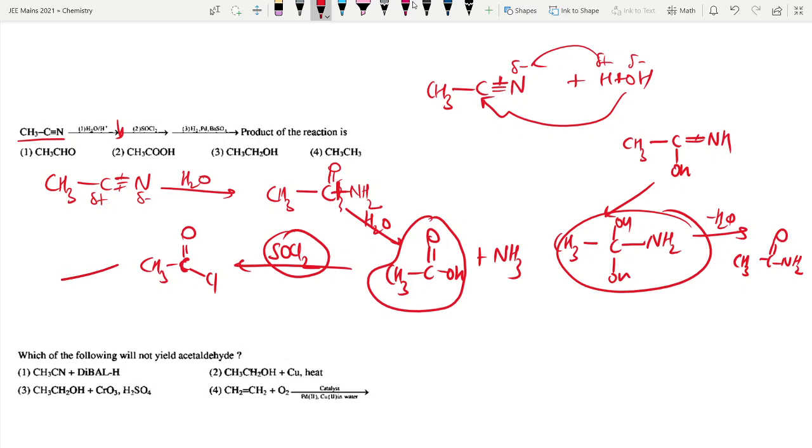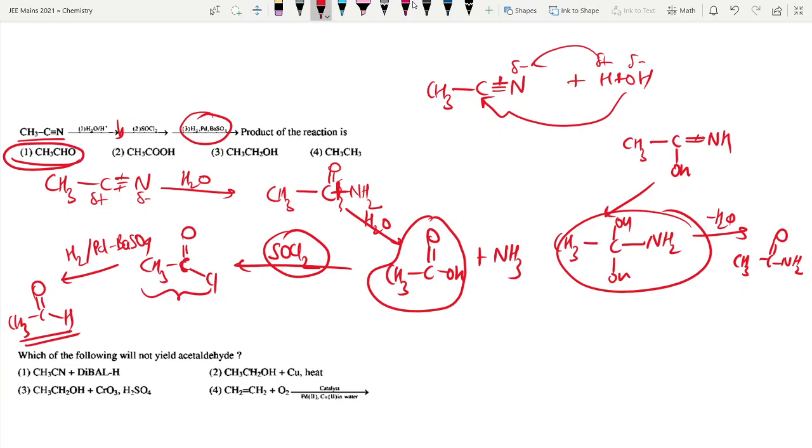And then what you have is called the Rosenmund reaction, H2 Pd BaSO4. So you have a poisoned catalyst and hydrogenation. Here the chlorine can leave very easily, and you can insert a hydrogen here. So you can get this as the final product. So this is the right answer here.